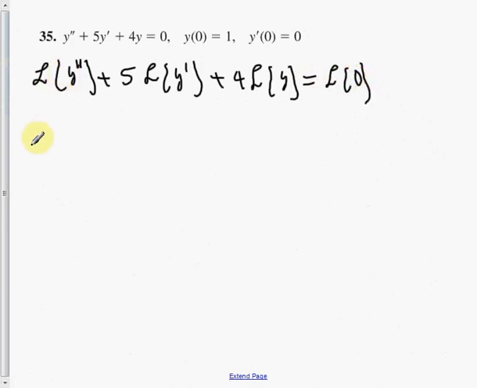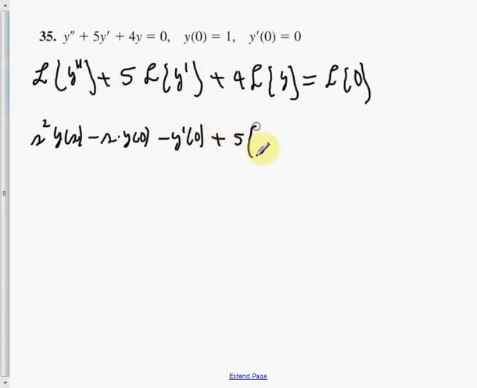So this first guy, this is s squared, taking the Laplace transform of a derivative, times Y of s, minus s, its exponent is descending, times the first initial condition, and then minus, here s goes out, the next initial condition, as I count up its derivative. So that covers y double prime.